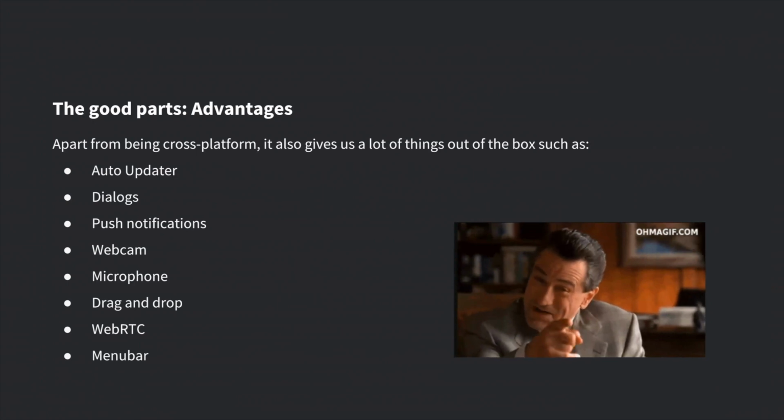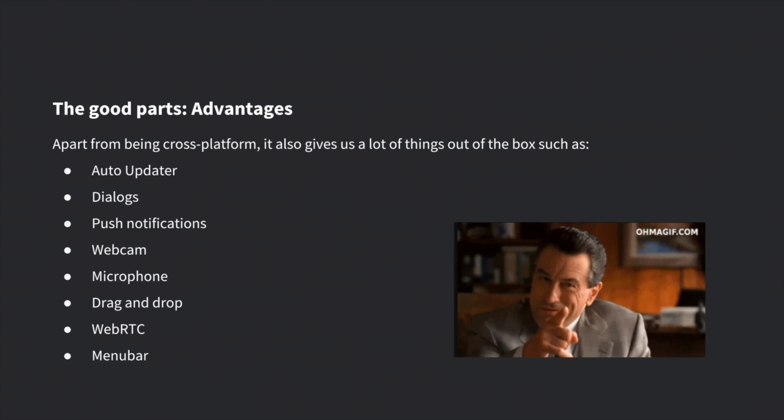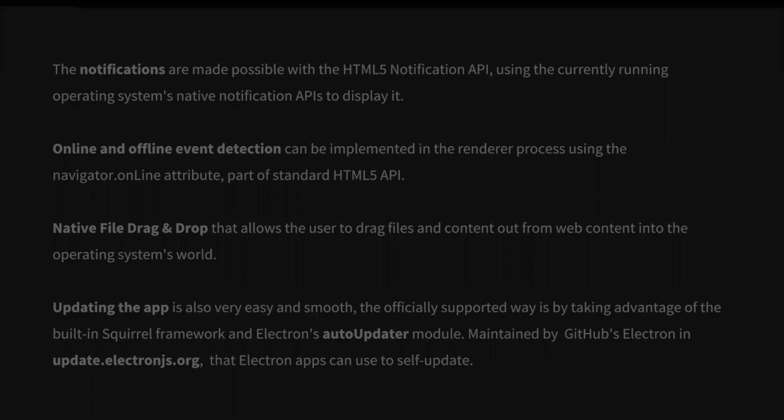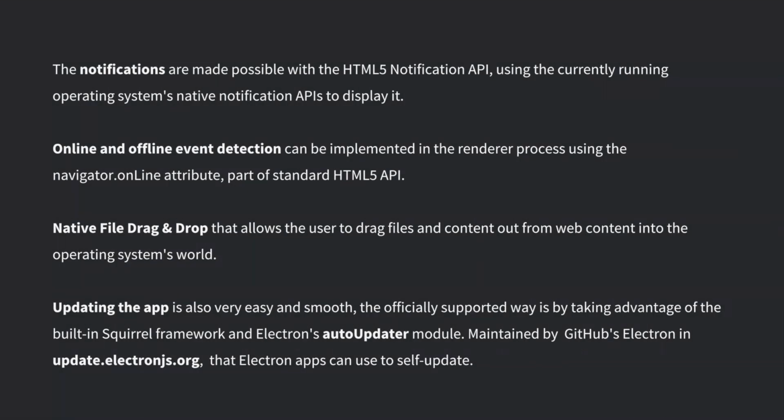That's the menu bar. It doesn't have, for example, out-of-the-box clipboard, but we can easily program the events, and it's pretty straightforward. They have it in the documentation also. These four features, at least for me, are the ones that I most like.